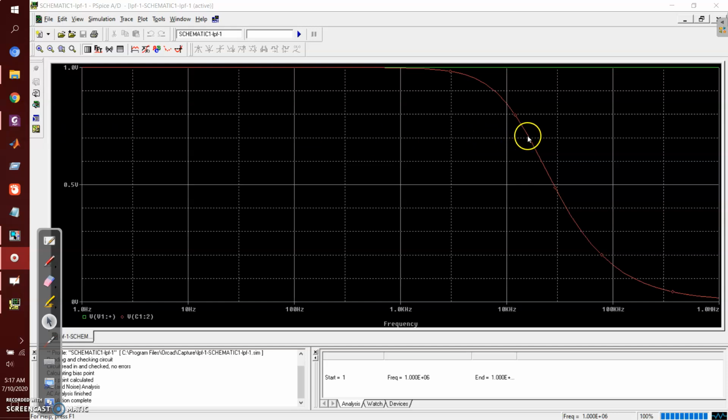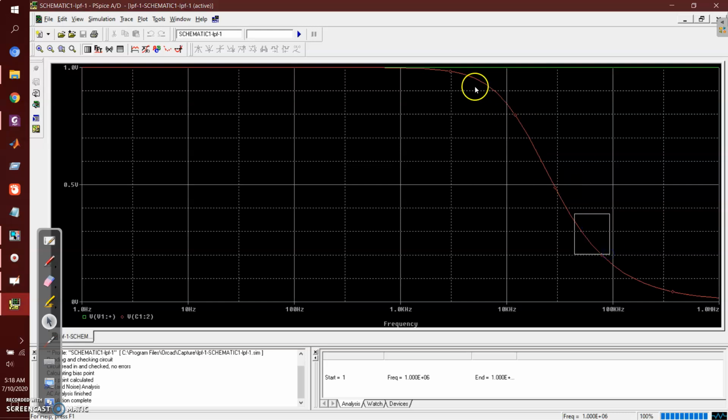If you look at this frequency, it is around 15 or 16 kilohertz. That was the cutoff frequency that we get with the value of resistor and capacitor that we used. This allows this portion to pass, and it cuts out the rest. This was my input signal, and on the output side I am getting only this portion. So this is acting as my low pass filter.